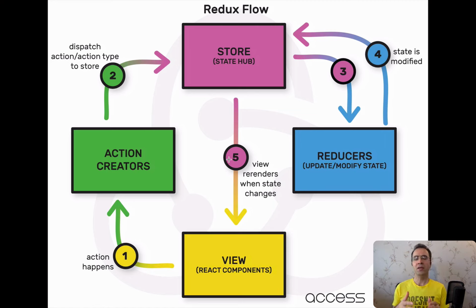The question is, where do we need to send the AJAX request? It's here in the action creator. So inside the reducer, you do not have any asynchronous actions like sending requests. There is only changing or modifying the state. So now that we know how Redux works, it's time to get to code and start coding.